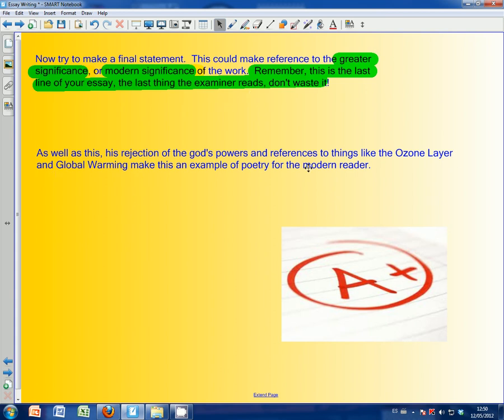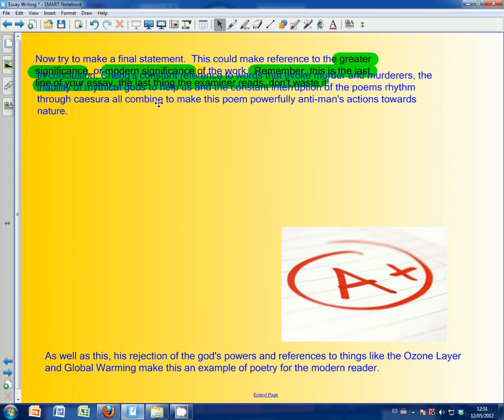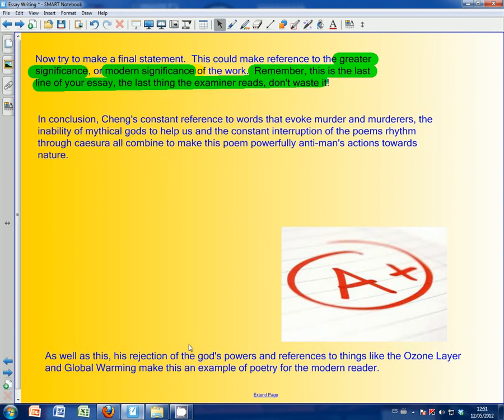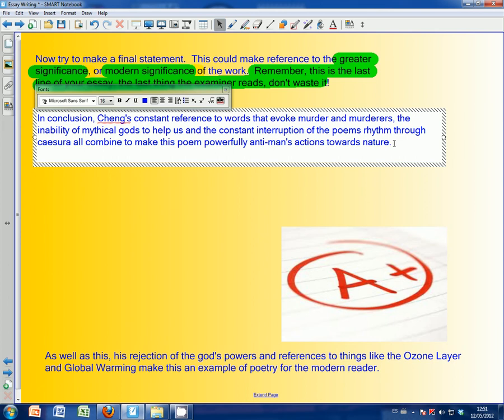So I've written this sentence here. As well as this, his rejection of the gods' powers and references to things like the ozone layer and global warming make this an example of poetry for the modern reader. So I'm referring to why it's particularly poignant or important to me, what he says in this poem, and in that sense I'm referring to the modern significance of the poem.